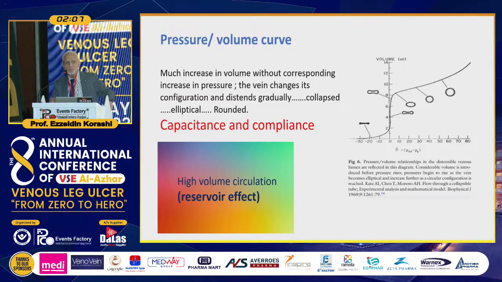Compliance, they can expand without increase in the pressure, and the curve is very clear. It is a vertical limb in the pressure, and the other thing is that the veins can change their shape. When they are at low pressure, they are collapsible, but at the highest pressure, they are circular in cross section.